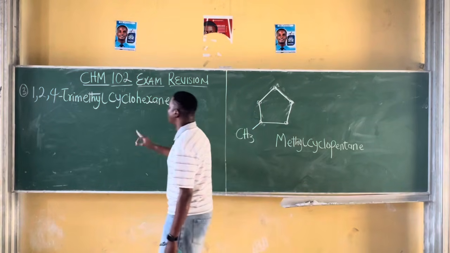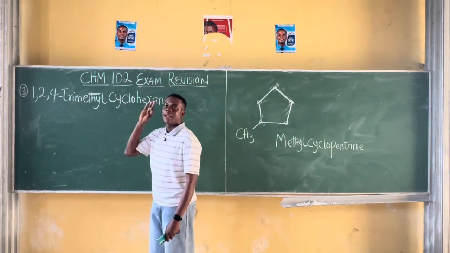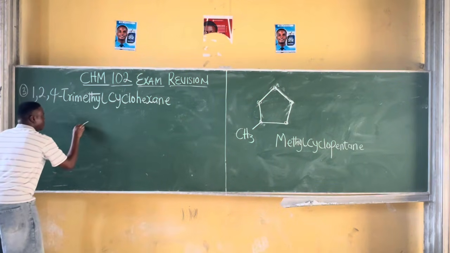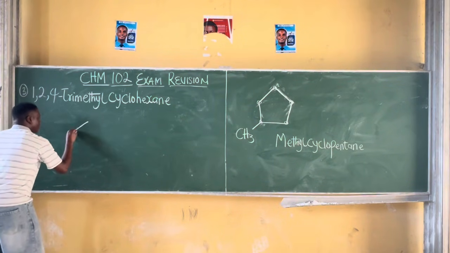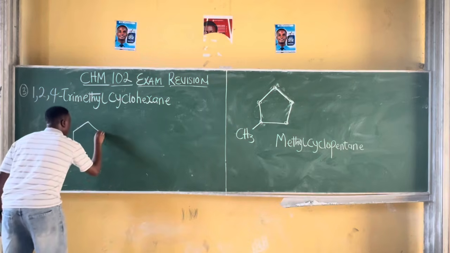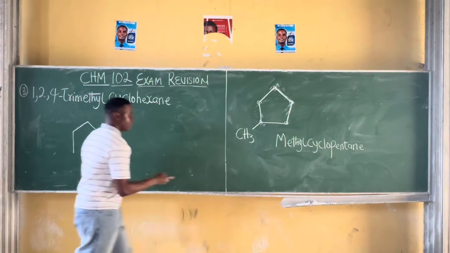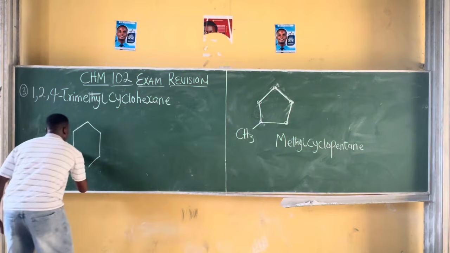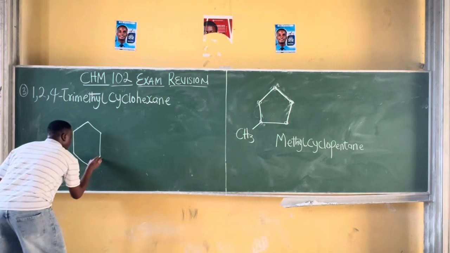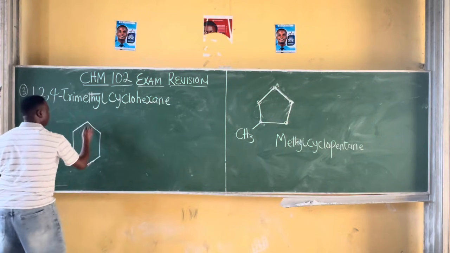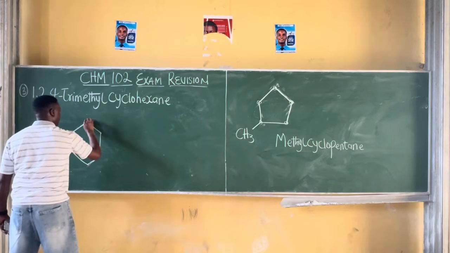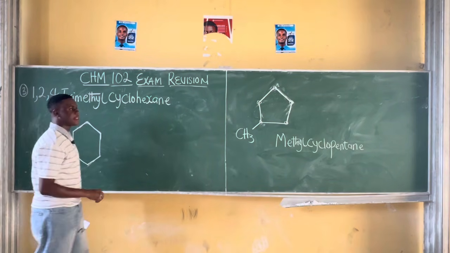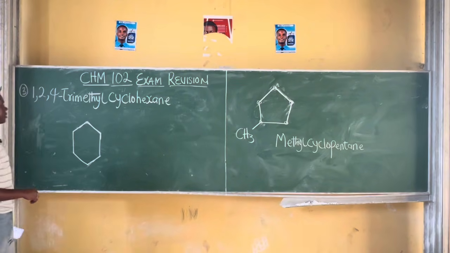So first of all, we draw the 6 carbon ring.